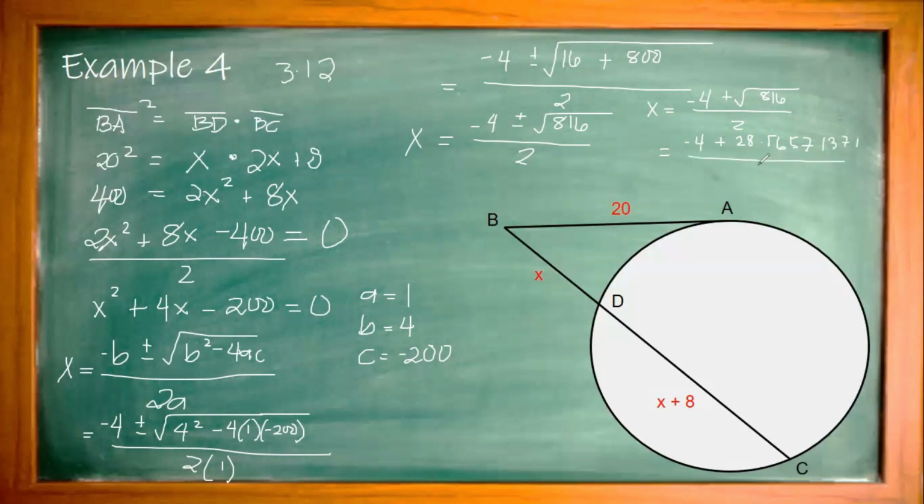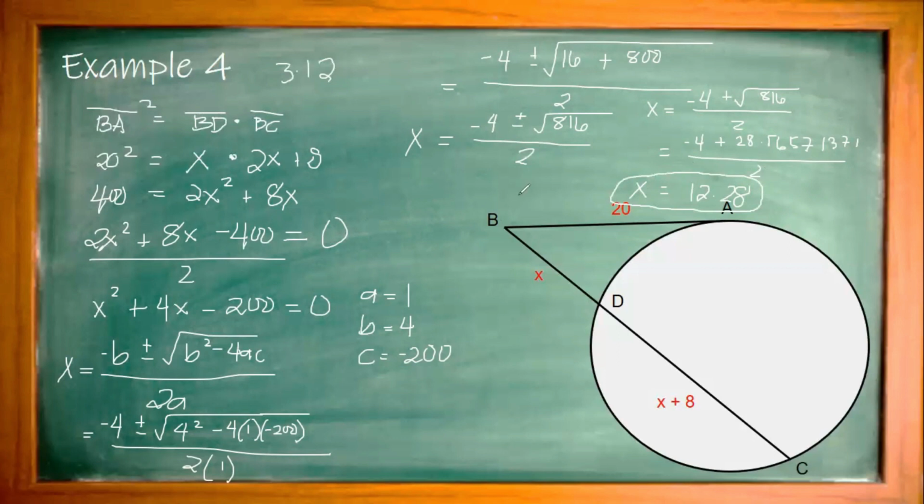All over 2. Then we'll be subtracting that by 4 and dividing it by 2. The result is 12.28. Now, that is for the first x value.